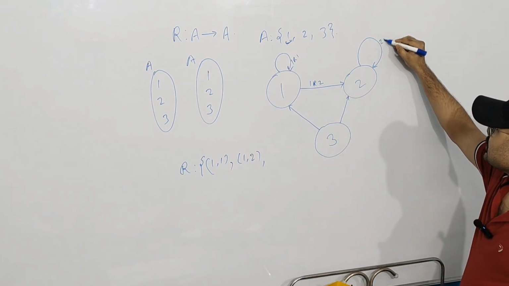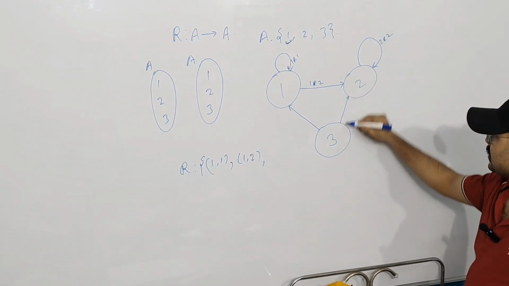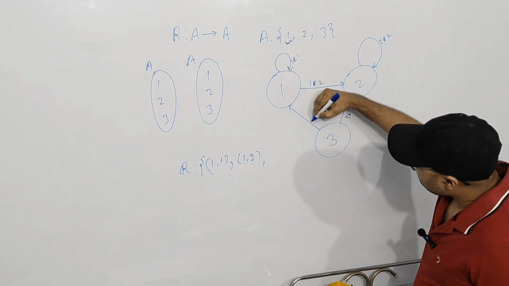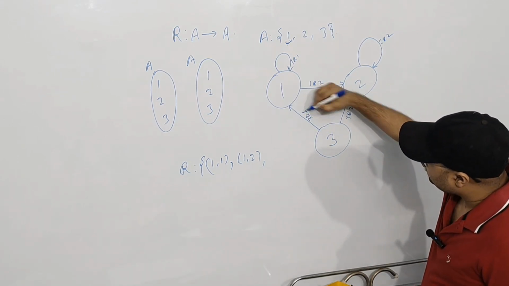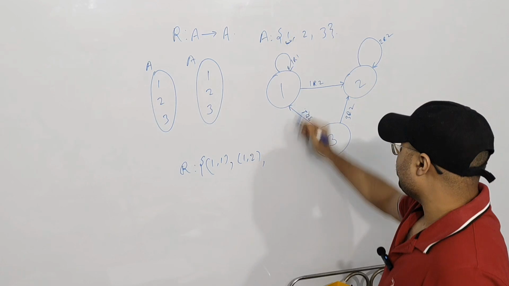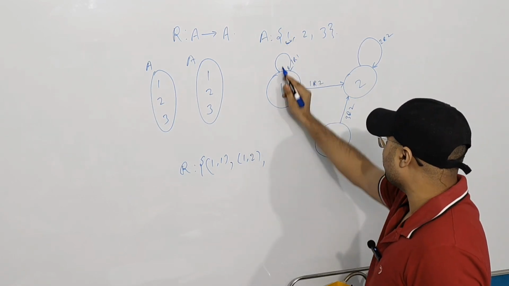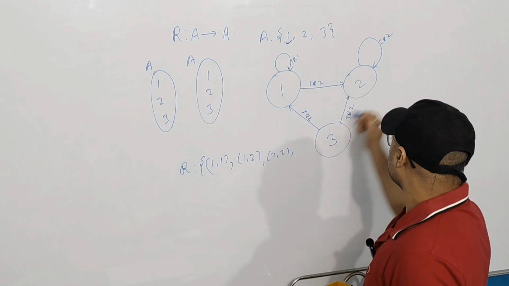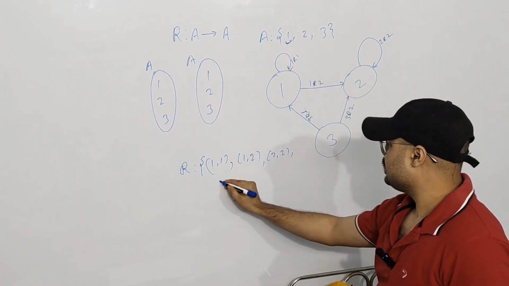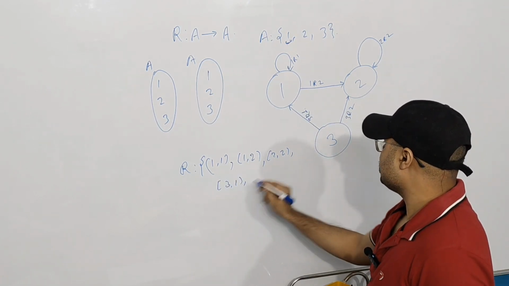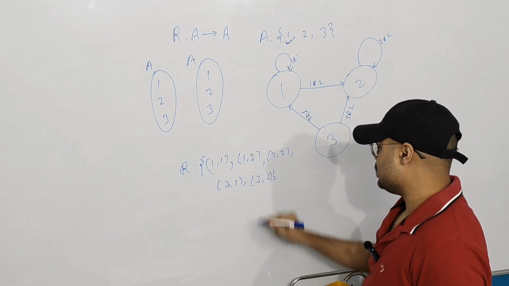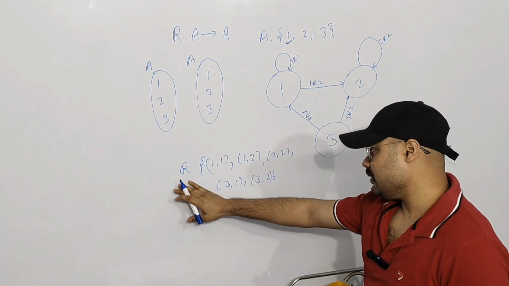This edge means 2 is related to 2. This edge means 3 is related to 2. This edge means 3 is related to 1, right? So 1 comma 2, 1 comma 1, 2 comma 2, 3 comma 1, and 3 comma 2. So this is your relation R.